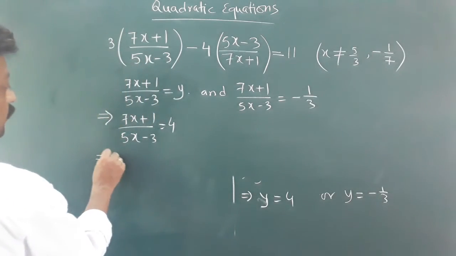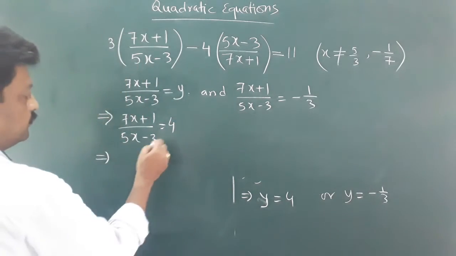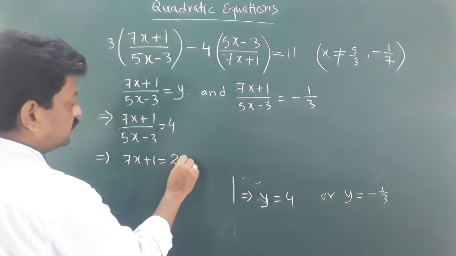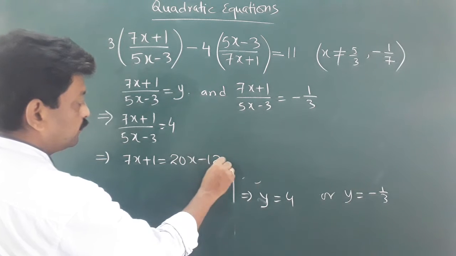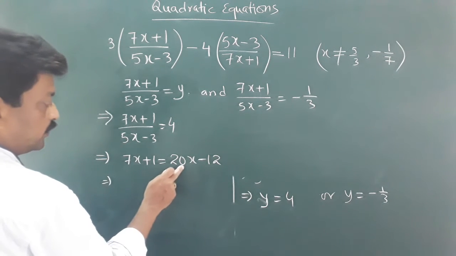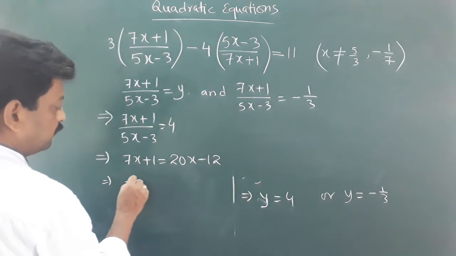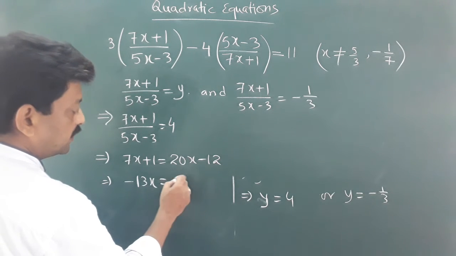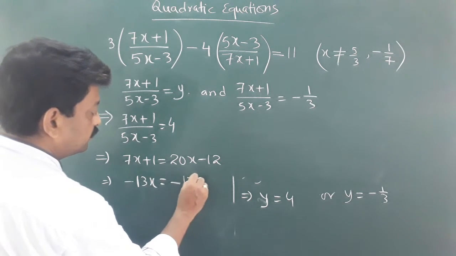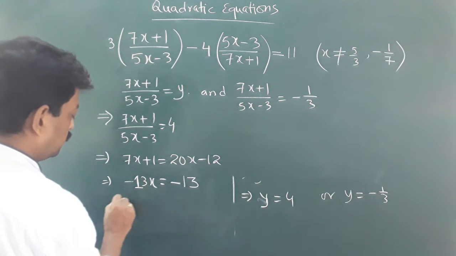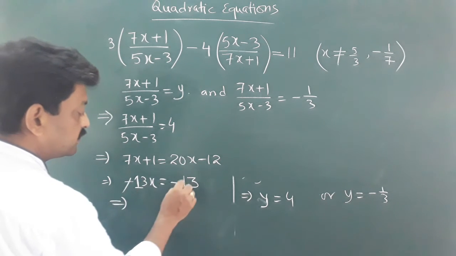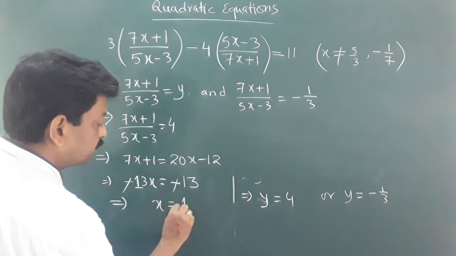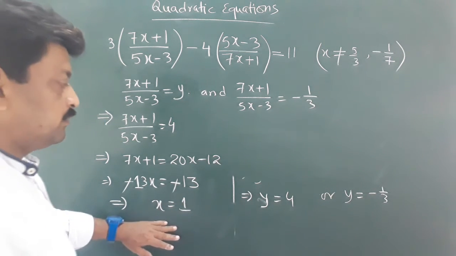So here by cross multiplication, 7x plus 1 equals to 20x minus 12, or 20x will come to the left hand side, so it will become minus 13x. 1 will go to the right hand side, it will become minus 13. That means, minus minus cancelled, 13 will be cancelled, so x will become 1, the first root of the given equation.